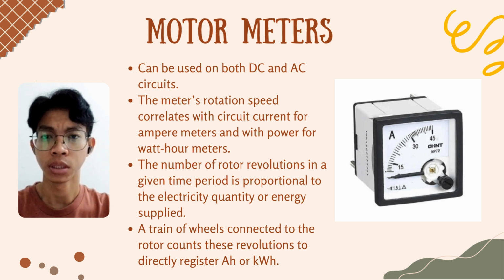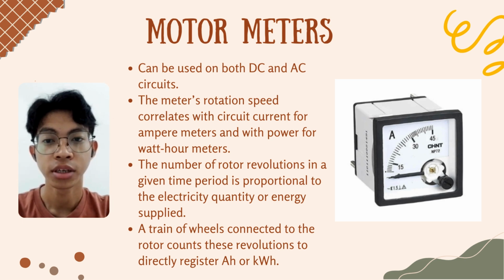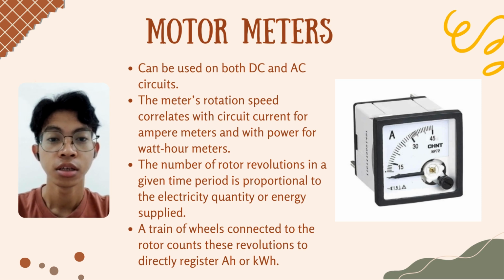For the motor meter, a motor meter is instrument used in both DC and AC circuit. Its operation relies on correlation between the rotation speed of the meter rotor and the electrical parameter it measures. For ammeter, the rotor speed directly corresponds to the circuit current, while for watt-hour meter, it reflects the power consumption.